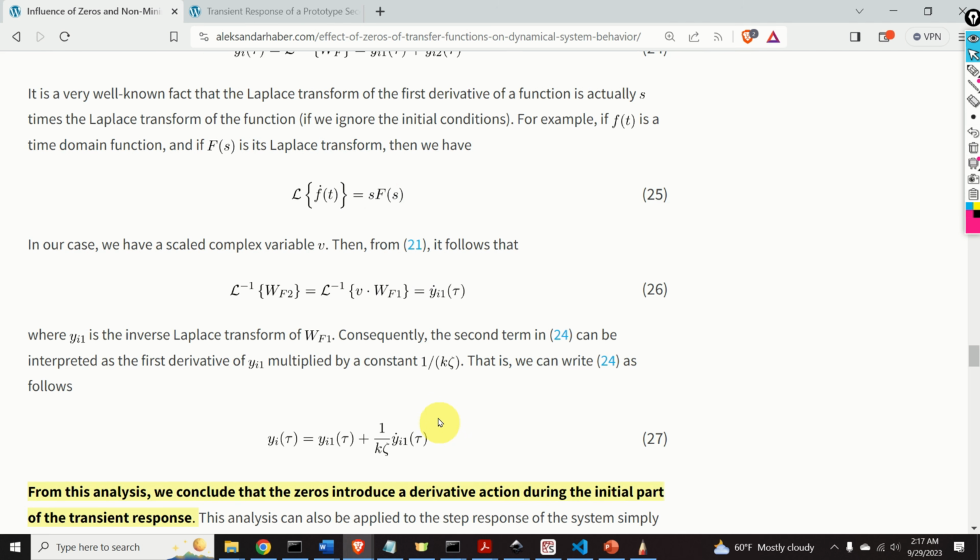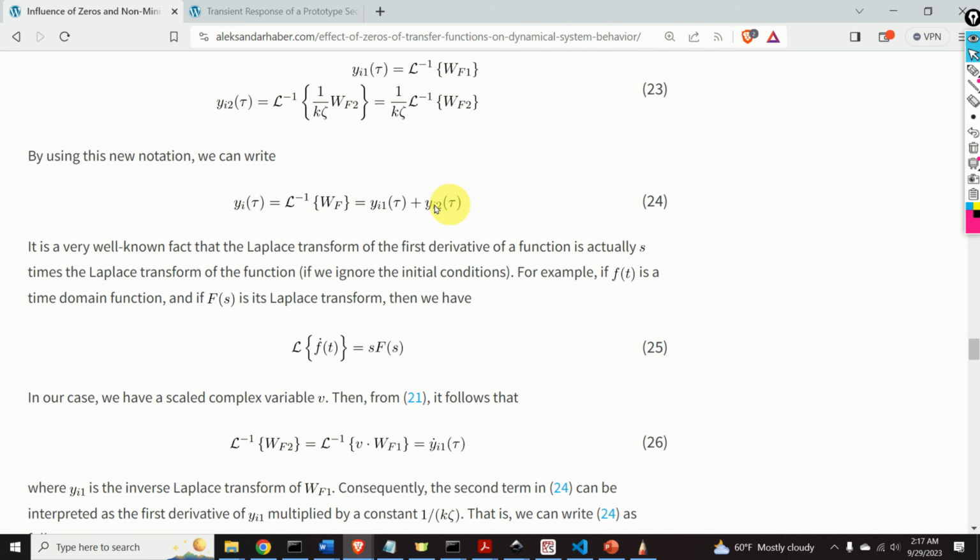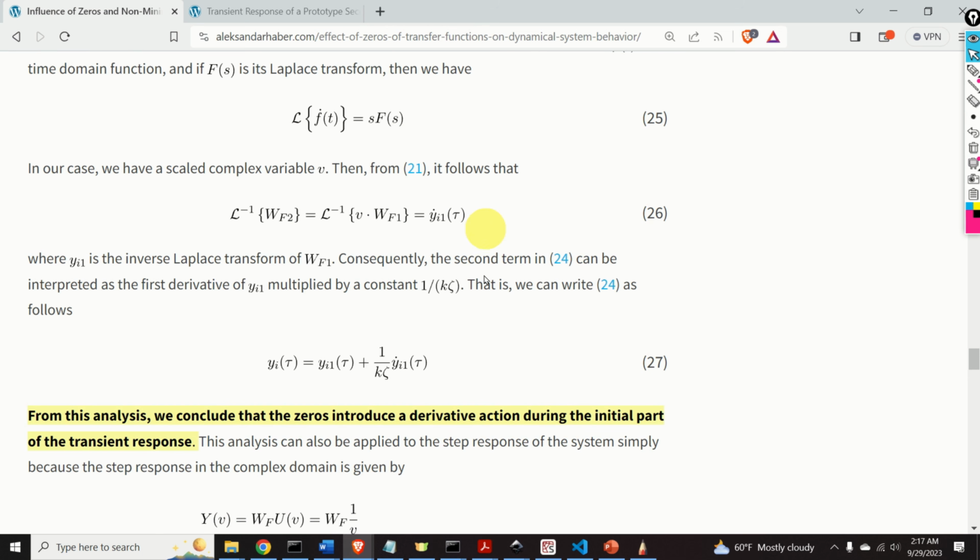This is a very important conclusion. This equation enables us to write the second term in equation 24 like this. From this analysis, we conclude that the zeros introduce a derivative action during the initial part of the transient response.